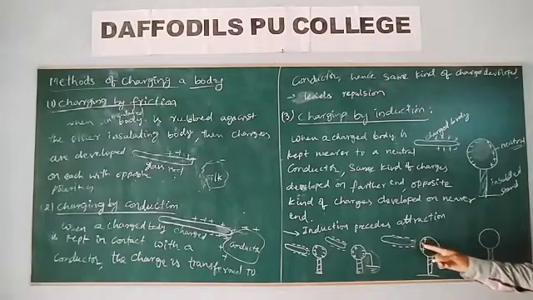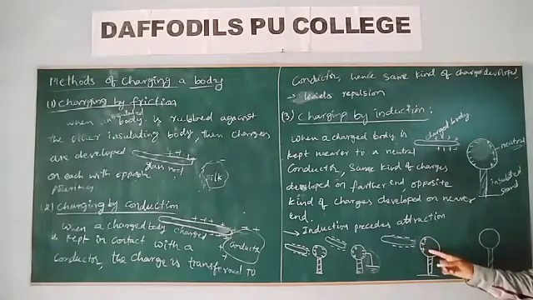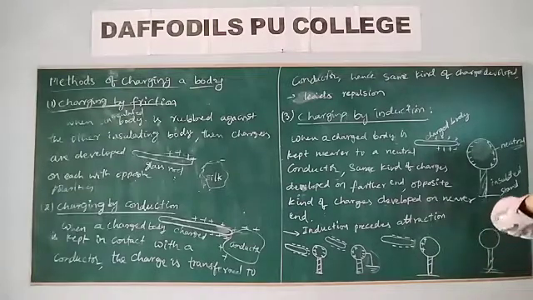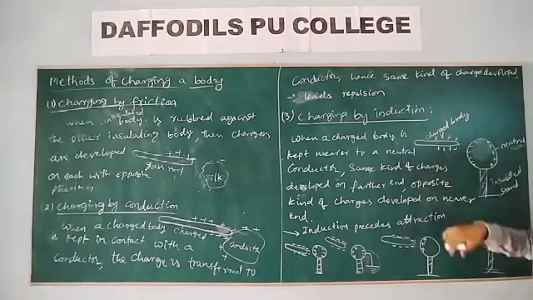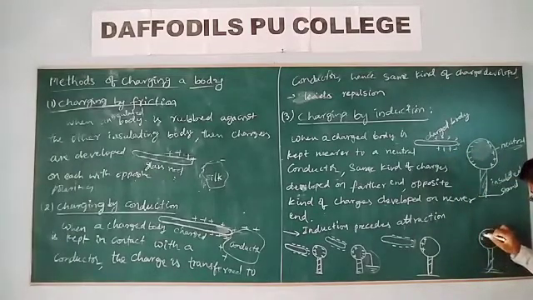Now we only have these positive charges, and whenever a charge is given to a conductor, all those charges are distributed or spread over the entire surface of the conductor. That means this positive charge is spread, so the body is positively charged.